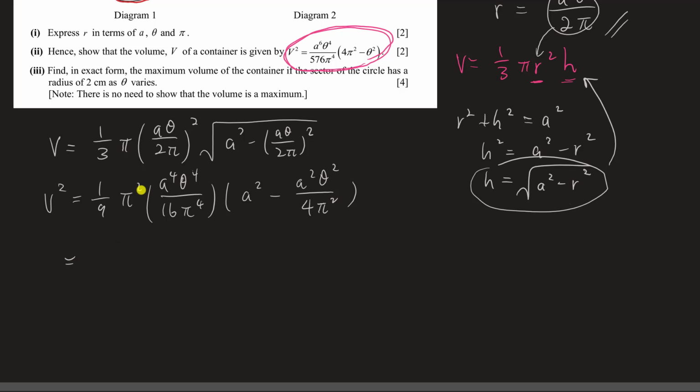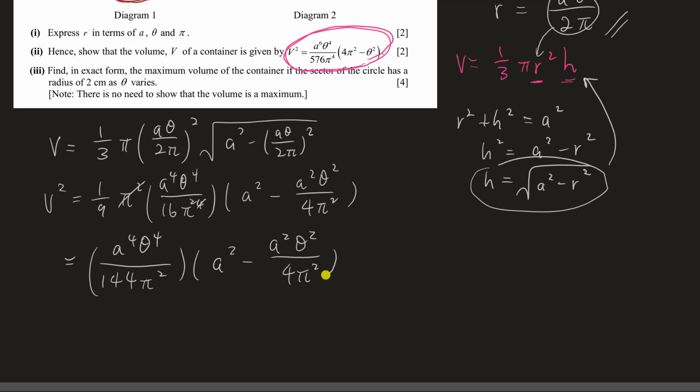I will get pi squared cancels off with this, and the outside will just become a to the power 4, theta to the power 4 over 9 times 16, 144 pi squared. Multiply this by a squared minus a squared theta squared over 4 pi squared.